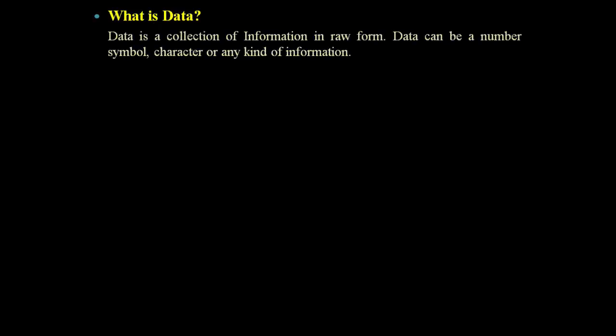First of all, what is data? If we say a simple definition of data, then we can say that data is a collection of information in raw form. Data can be a number, symbol, character, or any kind of information. Once your information is in raw form, then this collection of information is known as data.